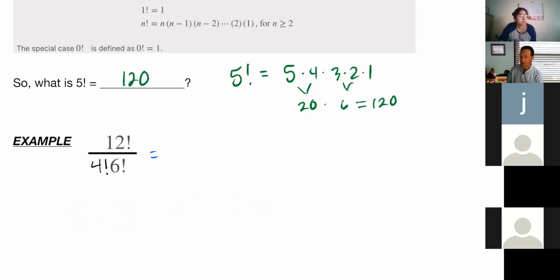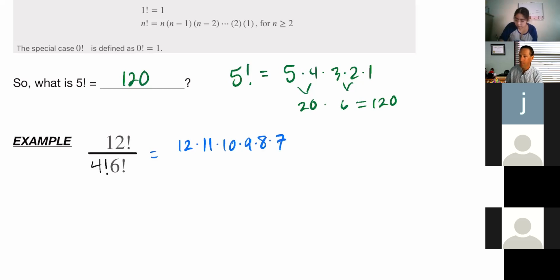So what I always prefer you to do is, we know what that symbol means. And remember, the only time that we can cancel things is when we're multiplying, and since these are, we can. And since this is bigger than that, I'm going to cancel as much as I can from the top. So I know I'm still going to have the 12 times 11, 10, 9, 8, 7.